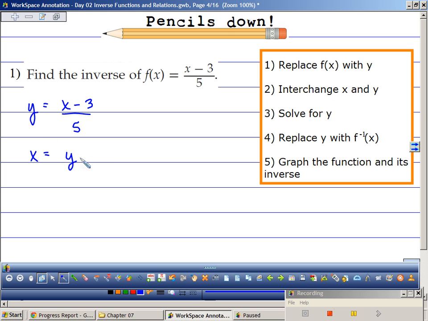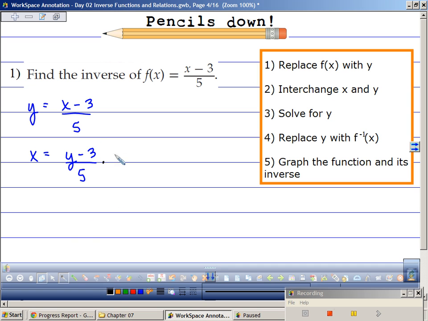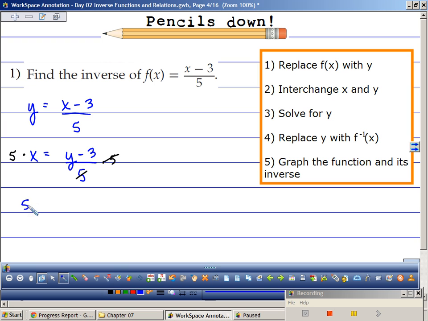X equals (y minus 3) over 5. Now I need to multiply both sides by 5 to solve for y, and I get 5x equals y minus 3. A lot of you can skip steps right here, but I'm not going to skip steps.